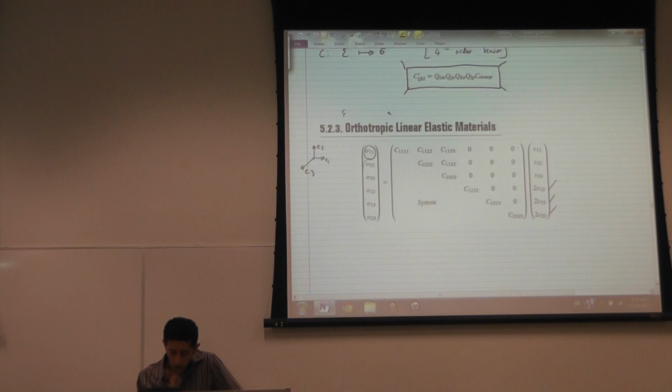And if I pull along sigma 22, I will not develop any shear. If I pull along sigma 33, I will not develop any shear. If I pull along sigma 12, I will only develop shear in 12. And if I pull along sigma 13, I will only develop shear in 13. If I pull along sigma 23, I will only develop shear in 23.